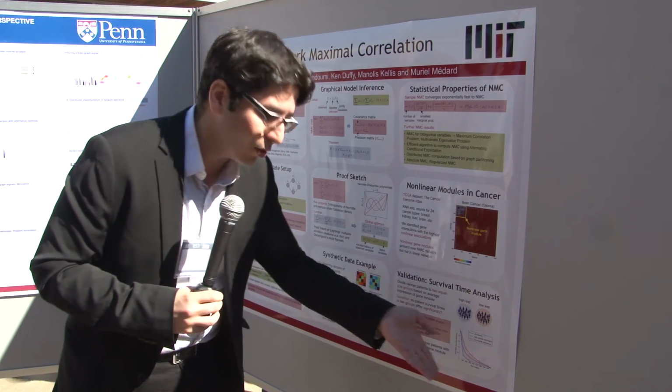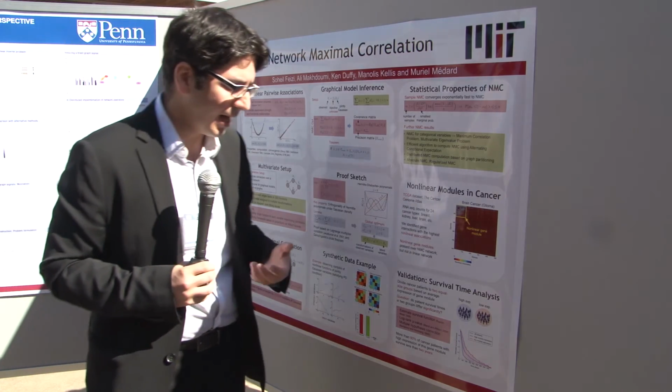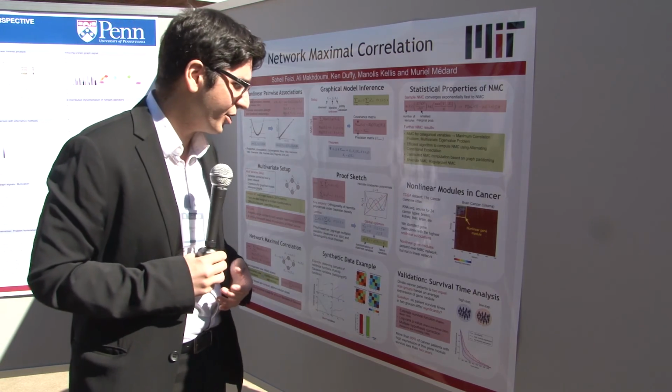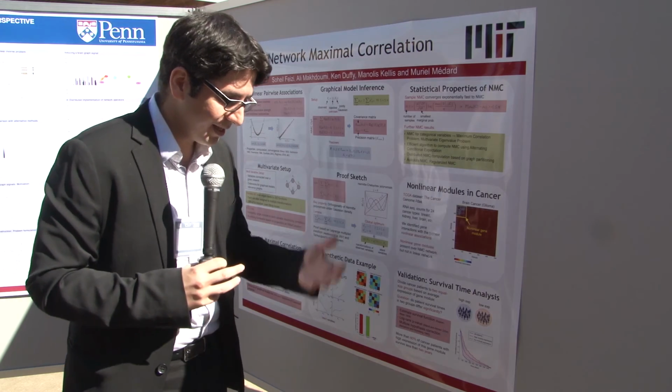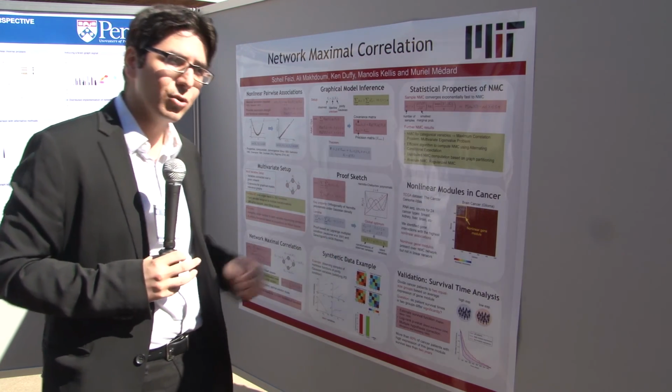With a high chance, those patients don't survive. It's a way of validating that these nonlinear modules, which we can't find using linear covariance analysis, may reveal some underlying biology that we couldn't see using other methods.